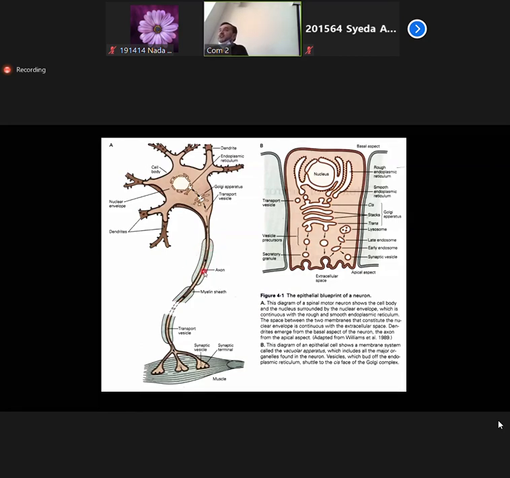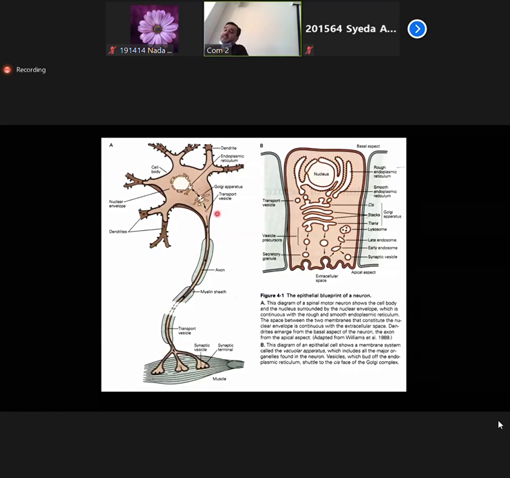And these myelin sheaths in the central nervous system, as we said, are formed by the oligodendrocytes, and in the peripheral nervous system, they are formed by the Schwann cells. Schwann cells wrap around these axons to form the myelin sheath. The purpose of these myelin sheaths is that they provide insulation.